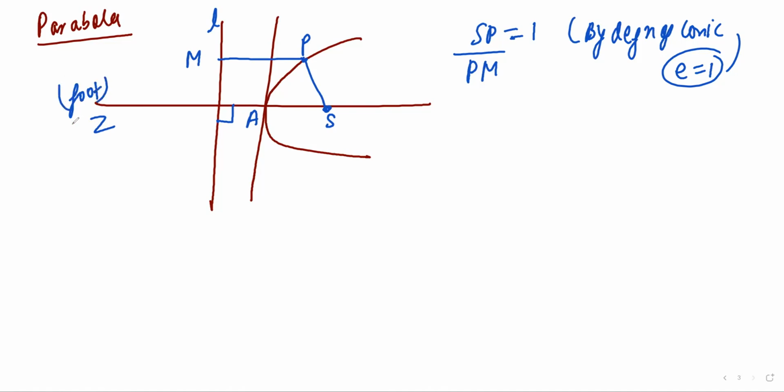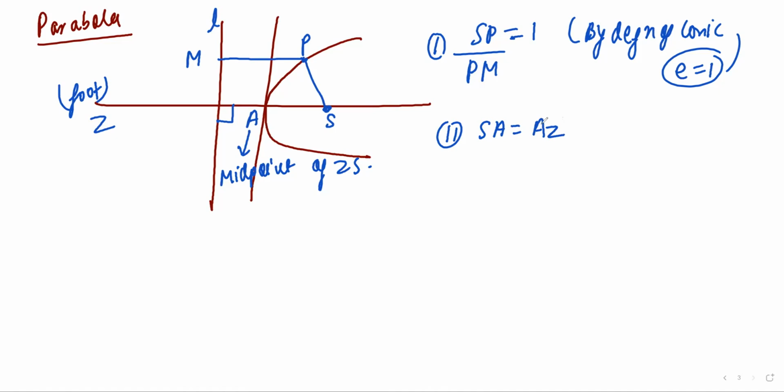Right. So A is the midpoint of ZS. Suppose A is nothing but the midpoint of ZS. So what will be the next step? SA is equal to AZ. So these are the midpoints. ZS is perpendicular to the directrix.